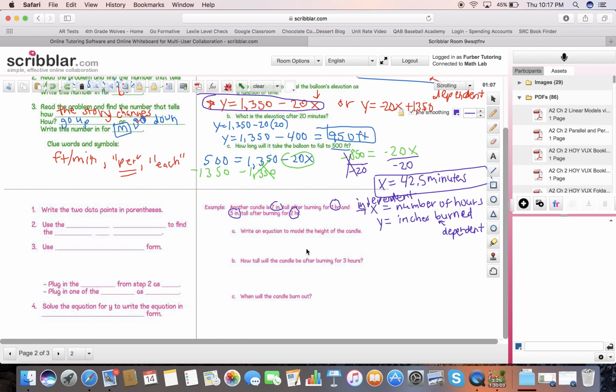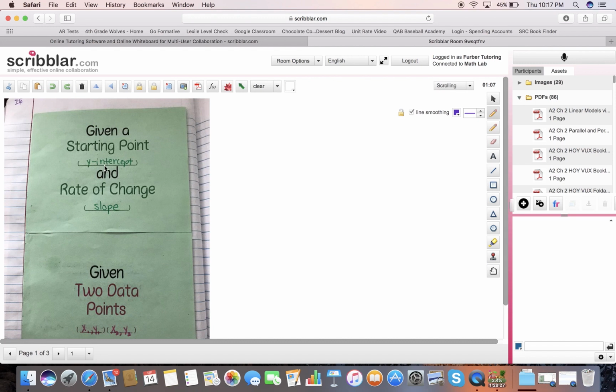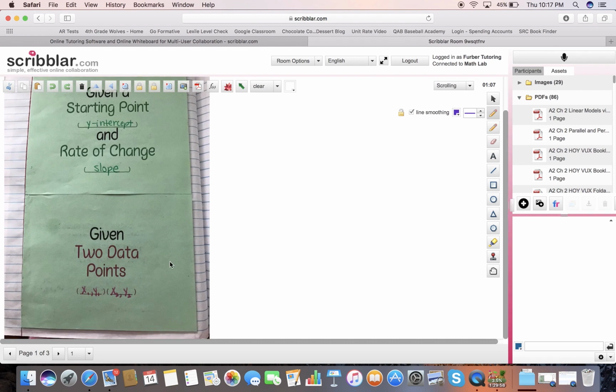So I have been given some things, but neither of them are the starting point, the y-intercept, or the rate of change, which is the slope. What I've been given instead are 2 data points, 2 points or two solutions that satisfy that linear equation. I don't know what the linear equation is yet, but I do know that I have two data points.